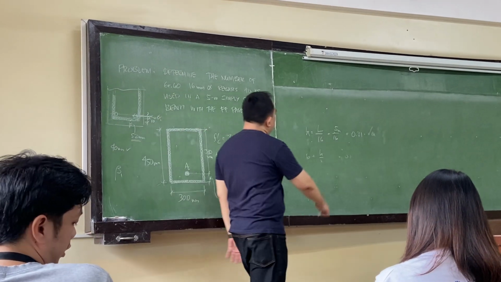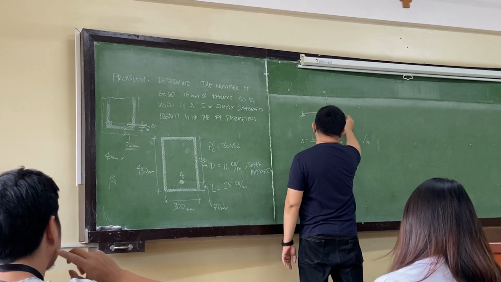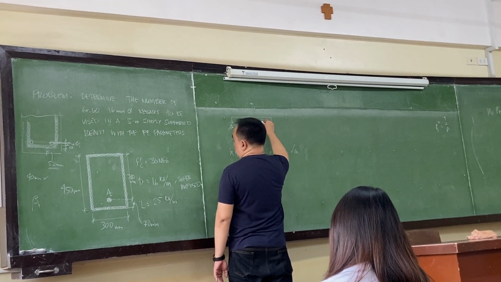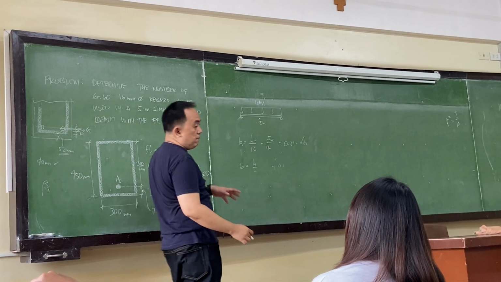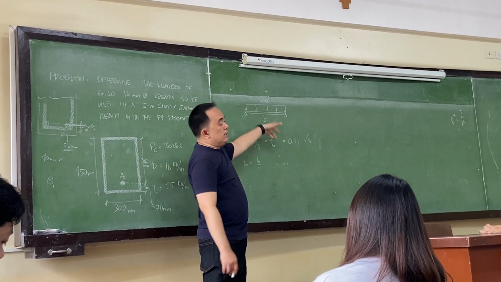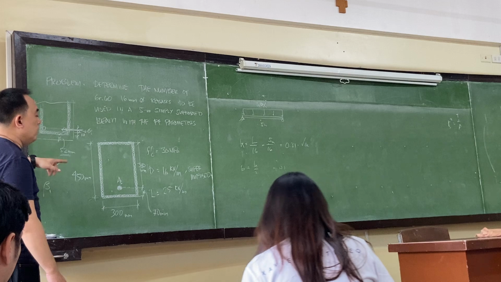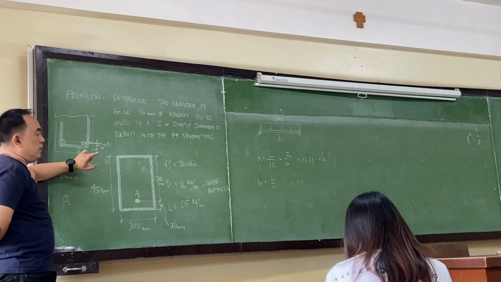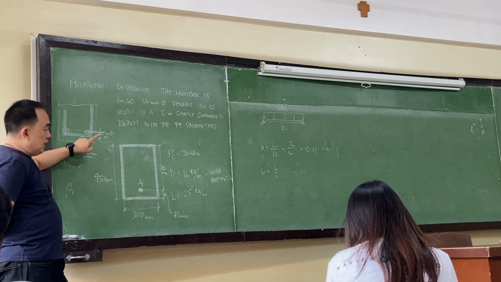So if this is your supported beam, and it says 5 meters long, that 16 kN/m here is superimposed, it is already resting on it. So we do not have the self weight yet. We have to include the self weight in our computations when we do the flexural analysis of our steel beams.